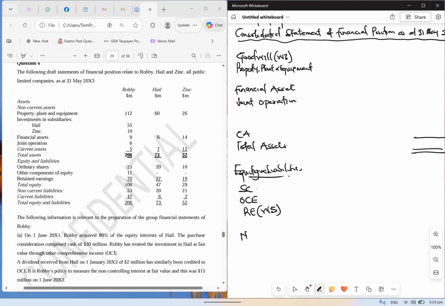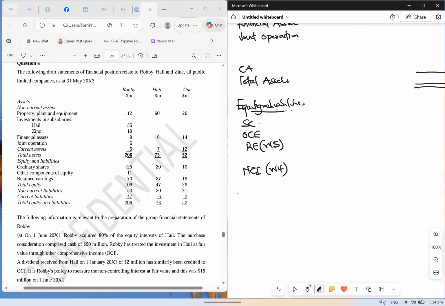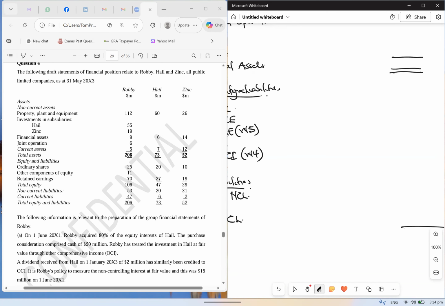Leave a space and put your NCI, which will come by workings number 4. Then you go to your liabilities. You have your NCL, which is together. You also have your CL. So you set your things up, set it down.